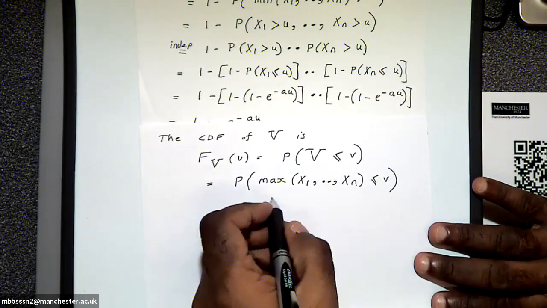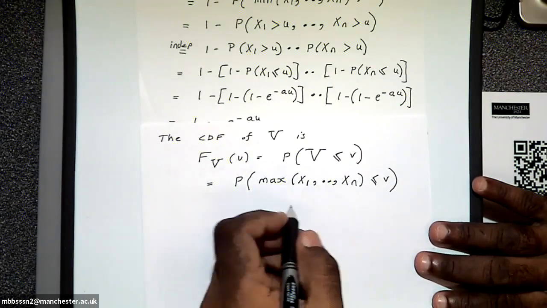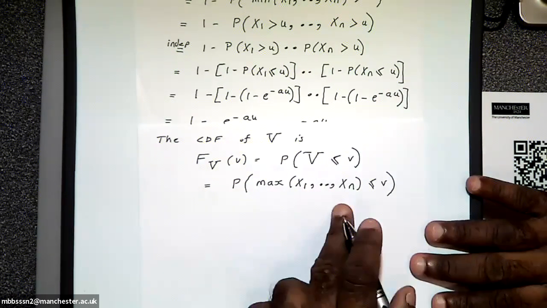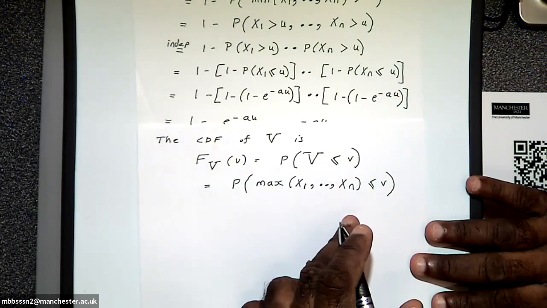Now, if the maximum is less than or equal to v, then every one of the random variables has to be less than or equal to v, right?